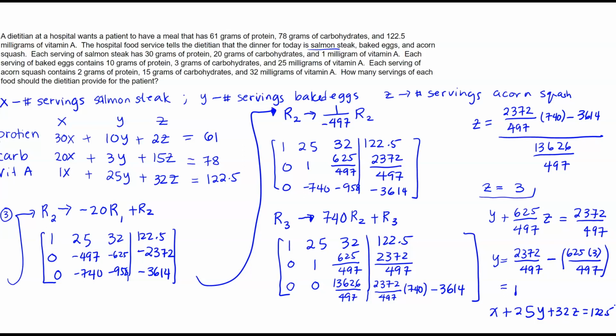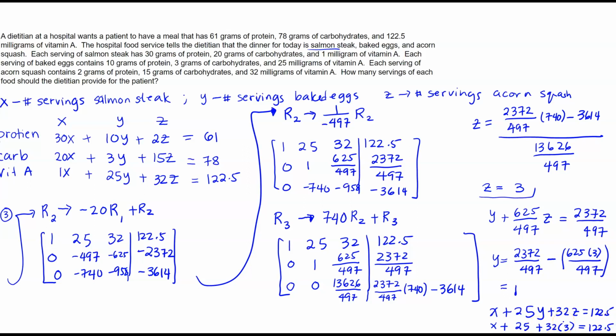Then to solve for x, you replace the y here by 1, so that's 25, and then plus 32 times your z, which is 3, is equal to 122.5.